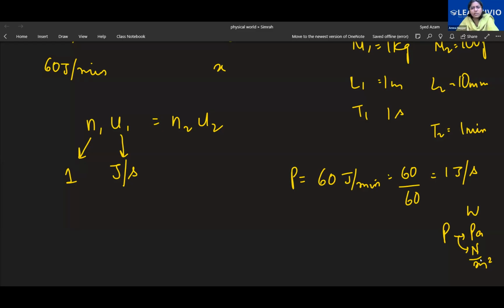If we have the simpler version, we'll use it. Usually everything has a simpler version in the dimension questions you will get, like power, joules per second. N2 is not known to us, and U2 is given. What is this U2? The new system of units provided by the question. Is it clear till here?